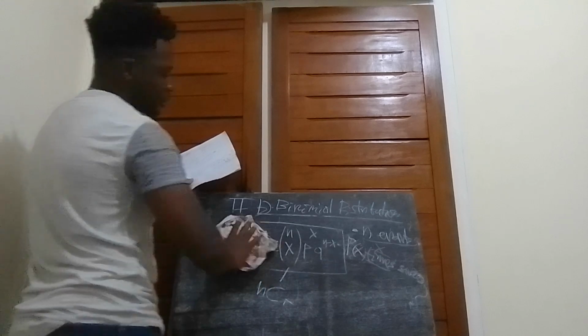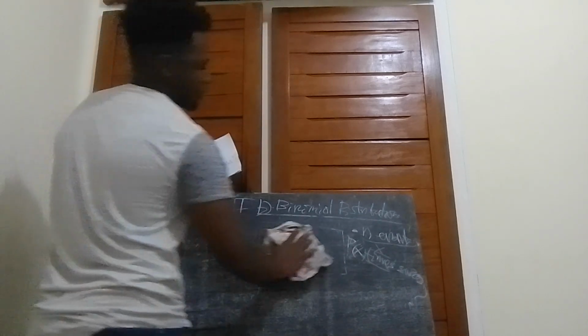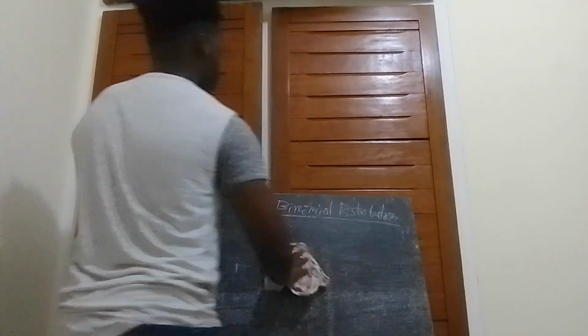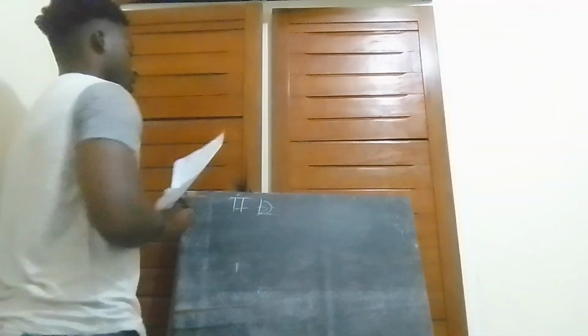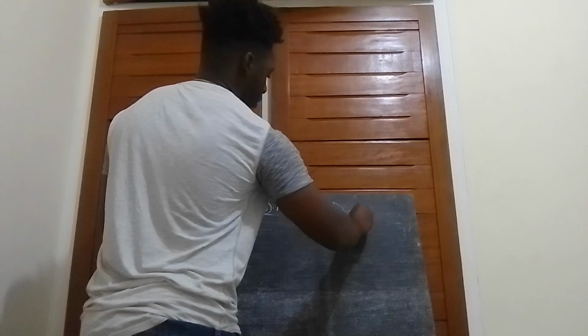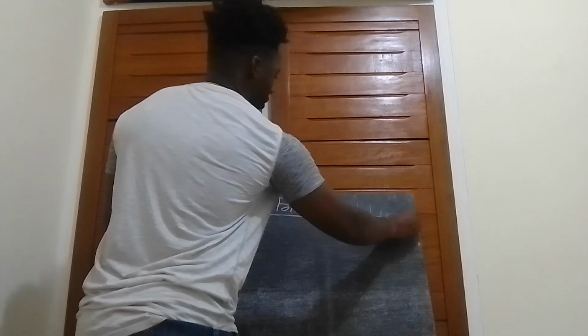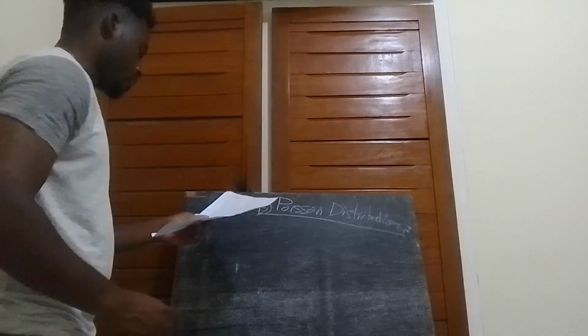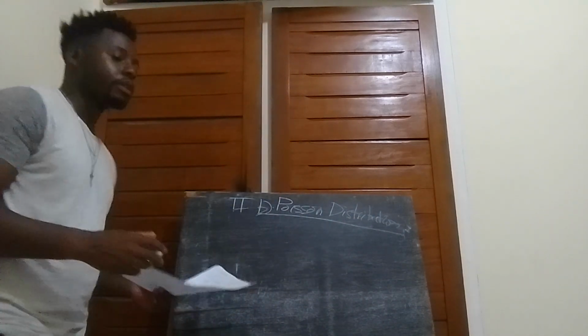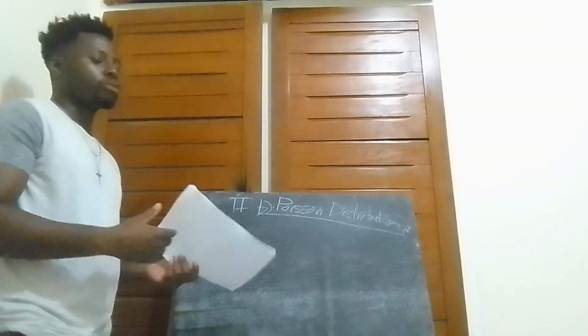So now we're going to look at the Poisson distribution. The Poisson distribution is basically another kind of distribution, for random events.